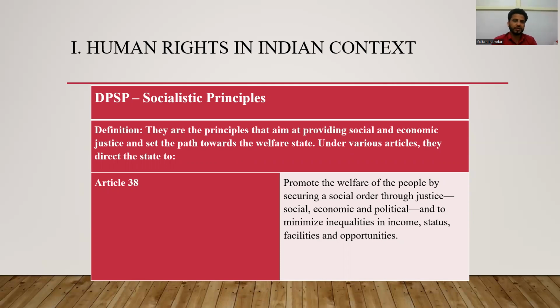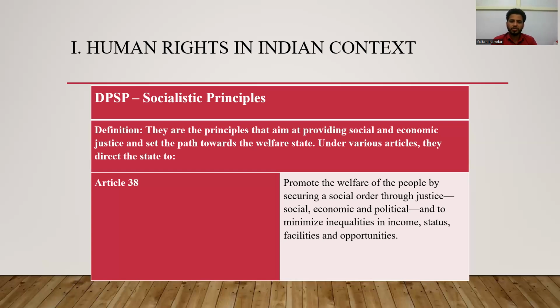Therefore, you can see Article 38, which talks about promotion of a welfare state, which will eventually develop citizens. It is willing to bring order in society through justice, social, economic, as well as political.